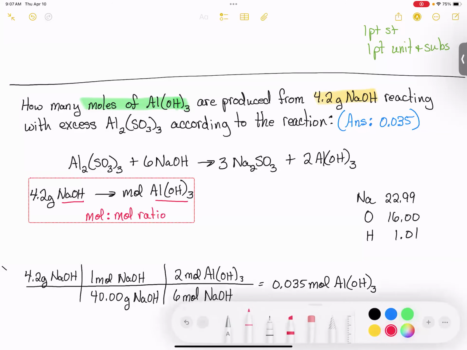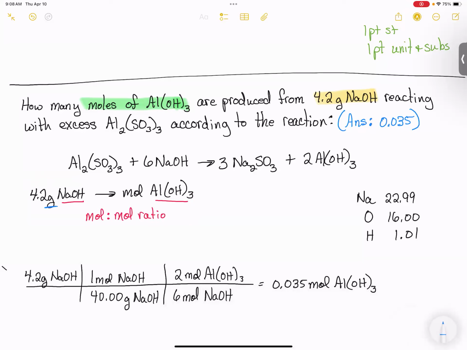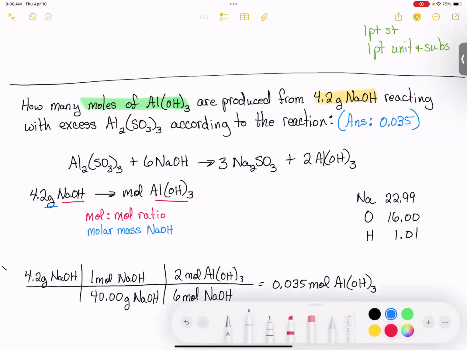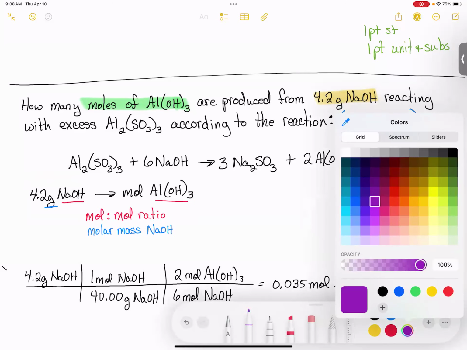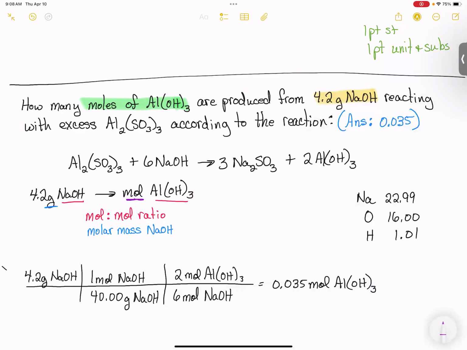I noticed that I had grams of sodium hydroxide, so that meant I was going to need the molar mass of sodium hydroxide. And then I noticed that I needed the moles of aluminum hydroxide, which are already in the mole to mole ratio. So that meant I only needed 2 conversion factors.